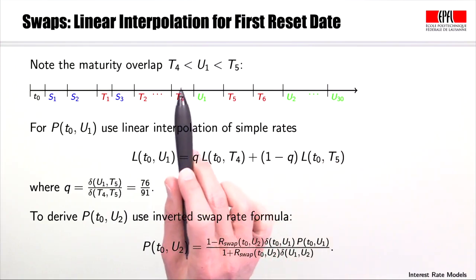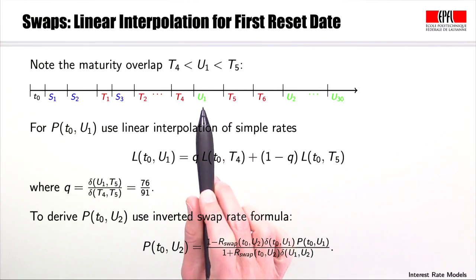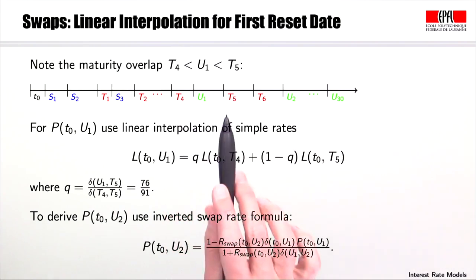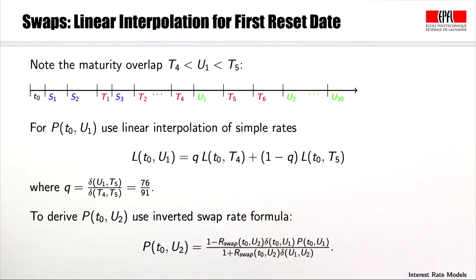Again, we note that there is a maturity overlap and U1 falls between T4 and T5, which are maturity dates of the futures. From the futures quotes, we derived the corresponding zero coupon bond prices. So we are given the T4 bond and the T5 bond price. From these, we infer the T4 and the T5 simple spot rate, and then we use linear interpolation of these two simple spot rates to get the simple spot rate with maturity U1.